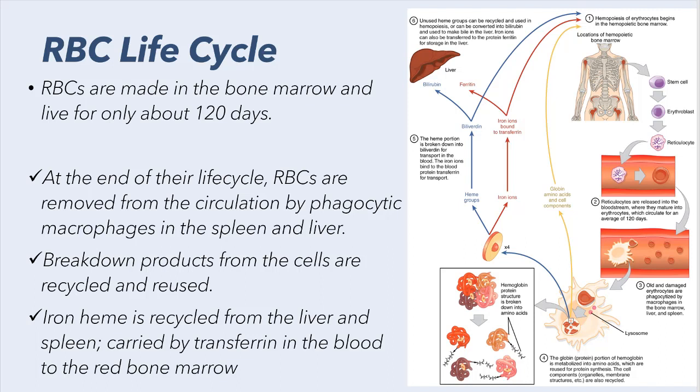If it's not used, eventually it's excreted as waste. Any amino acid components from the hemoglobin protein can be reused in the production of new red blood cells or erythrocytes.